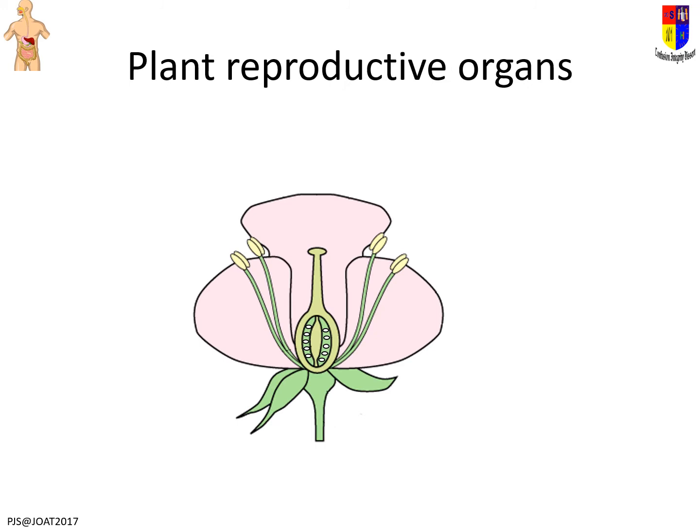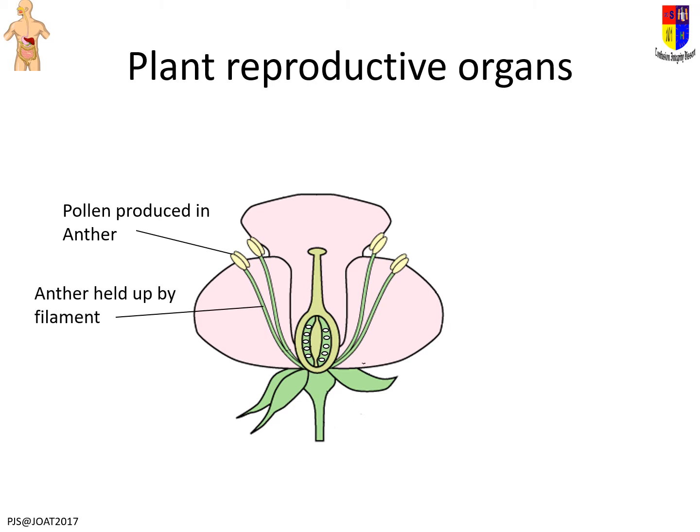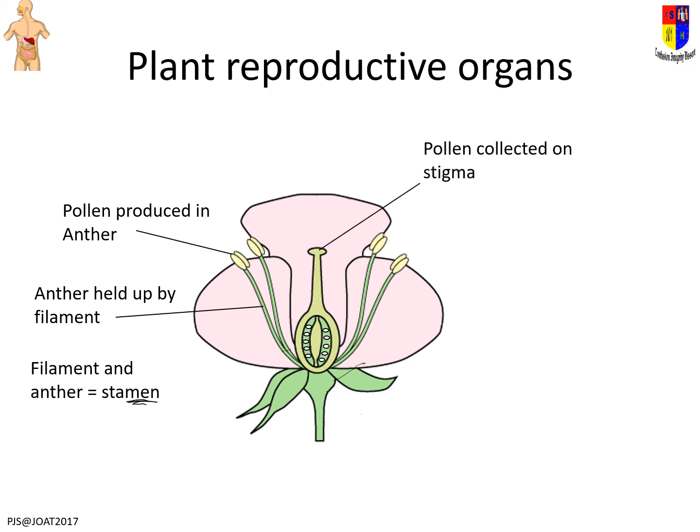So where they actually are on a plant, you need to be able to find the anther, which is where you produce the pollen, and the filament, which holds the anther up. Put these together, it's called the stamen, which is the male part. You then have the stigma, the female part, where the pollen lands.